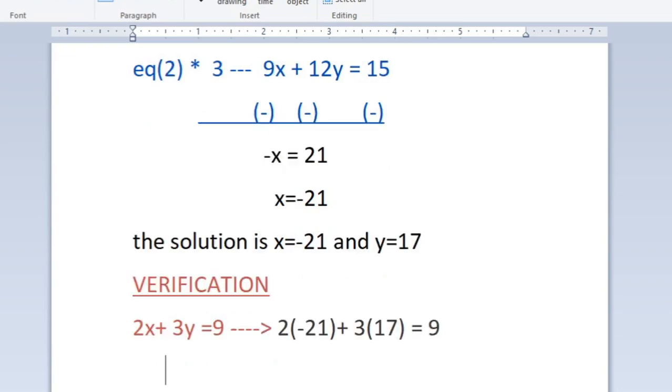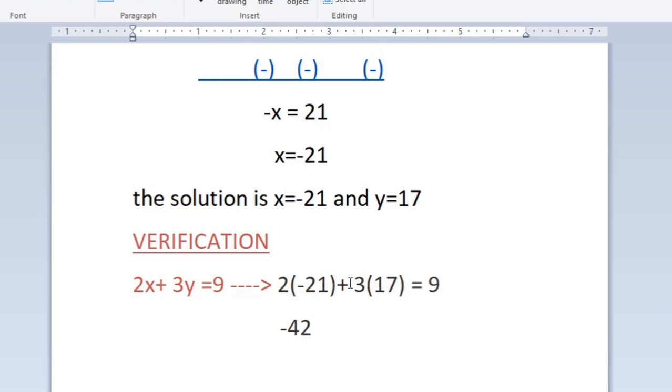Now you have to simplify the LHS. Here we have 2 of minus 21. Here multiplication is going on, so first of all you have to multiply the sign. What is the sign here? It is plus. Plus into minus becomes minus. That is minus 42. Then here also multiplication is going on.